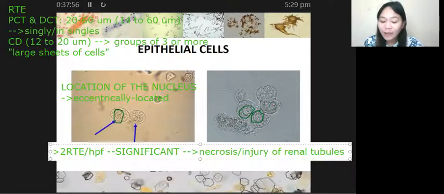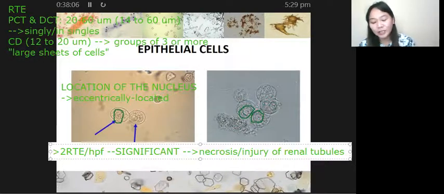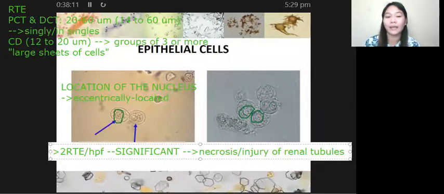Okay, so apart from that, it may also indicate other conditions, okay? Other conditions such as your acute glomerulonephritis, okay? Yan. So we have your renal tubular epithelial cells. It may also indicate nephrosis, okay?